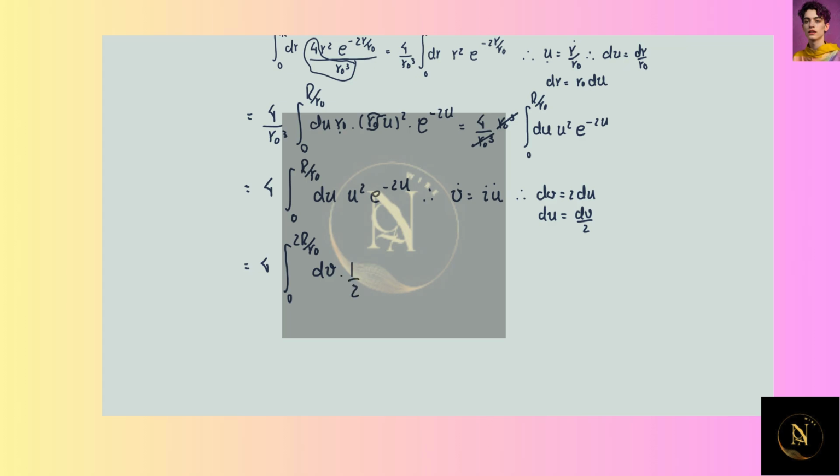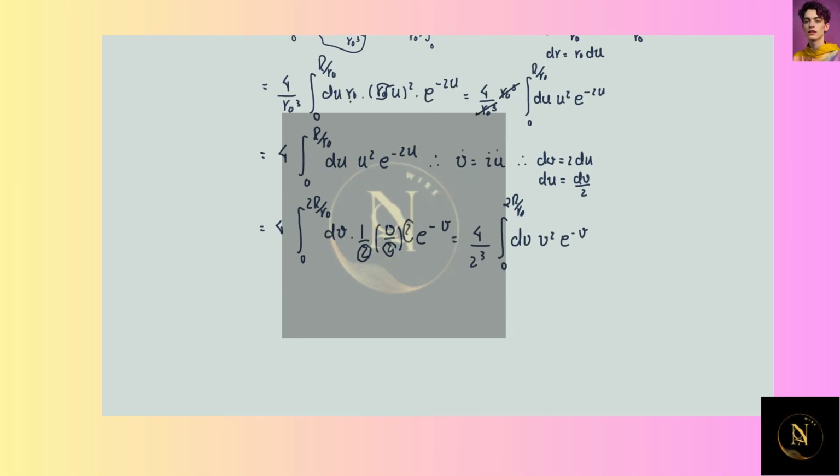U squared, u is equal to v over 2 squared, e to the minus v, and this is equal to 4 divided by 2 to the third, one factor of 2 coming from this fraction and the other one coming from this fraction, which is squared, times the integral from 0 to 2 times r divided by r0 dv v squared e to the minus v.